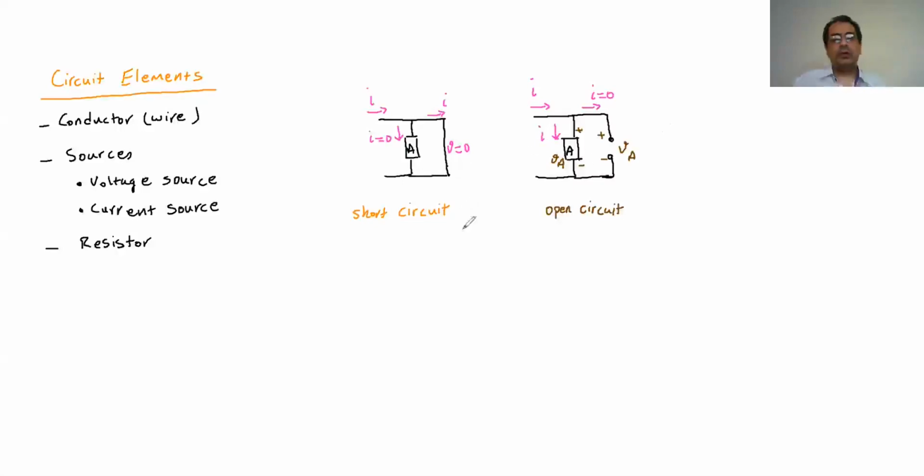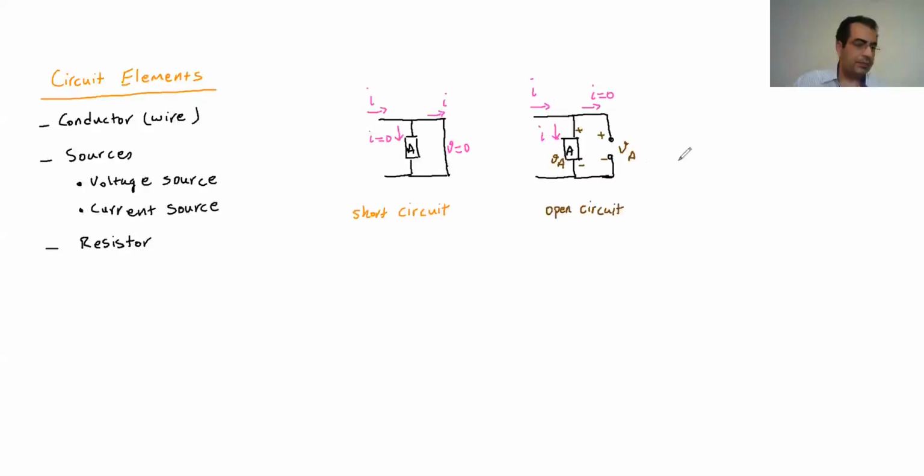When we talk about the short circuit, it means there's a wire around that element. When we talk about the open circuit, it means we cut the wire. There's no current going there. When there's a short circuit, all the current goes through it, no voltage. When there's an open circuit, no current goes through, but we have the voltage in that wire.